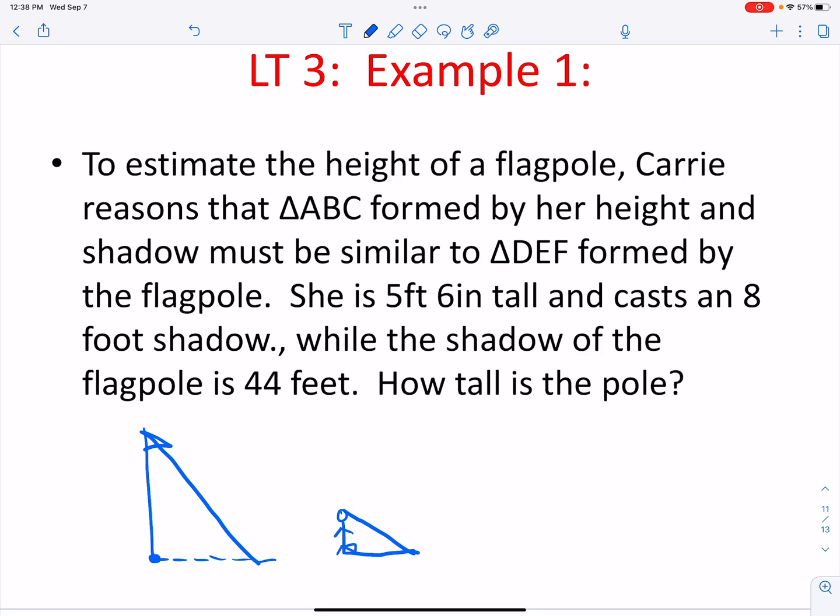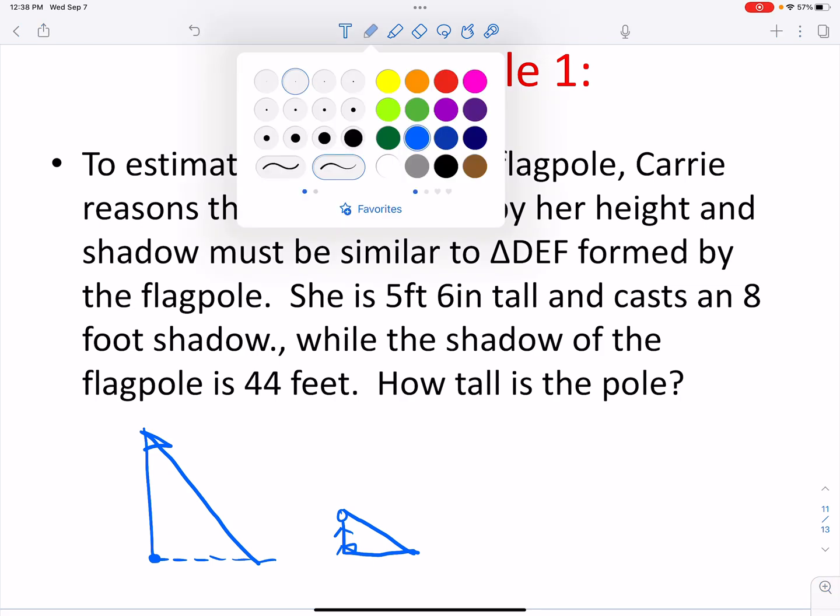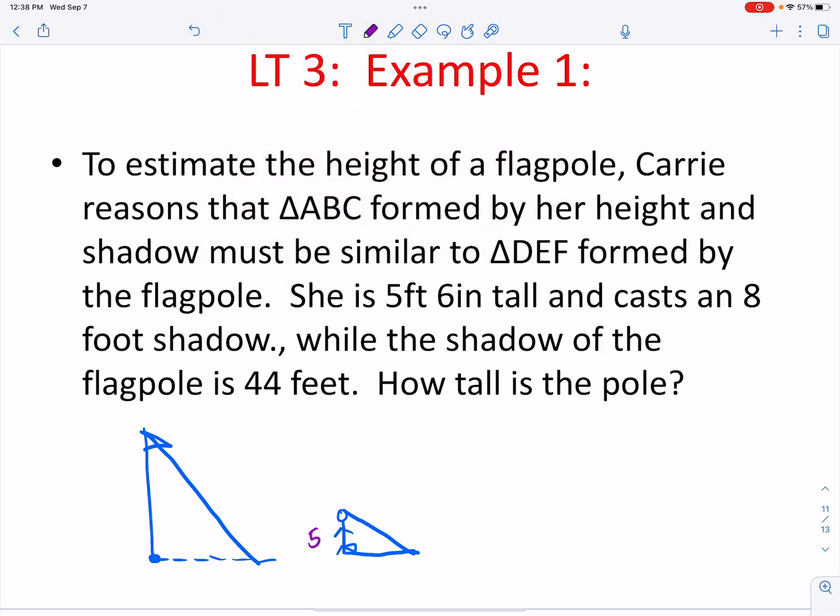It says she's 5'6" tall, so that's 5 feet 6 inches, which is 5.5 feet. You need to convert it to 5.5 feet, or you can make it inches, I don't care. And she casts an 8-foot shadow, while the shadow of the flagpole is 44. How tall is the pole?